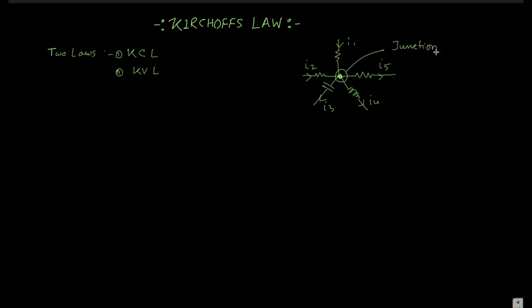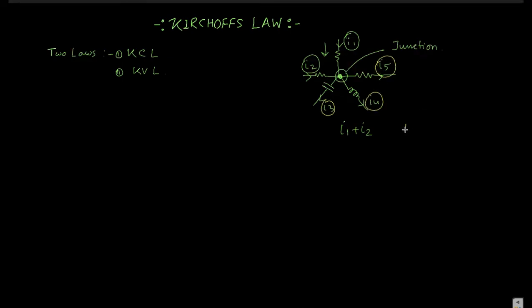You should consider which currents are entering the junction and which currents are leaving the junction. You see that I1 and I2 are entering the junction, so I1 plus I2 is the algebraic sum of the current entering. The current leaving the junction is I3, I4 and I5.